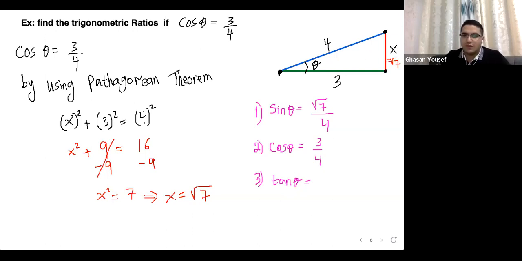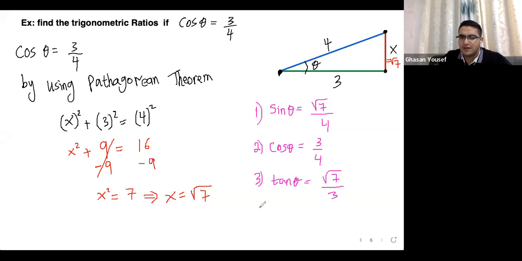The tan equals the opposite over adjacent. The opposite is exactly here, Dillian, the square root of 7, over the 3. Correct. Square root of 7 over 3.